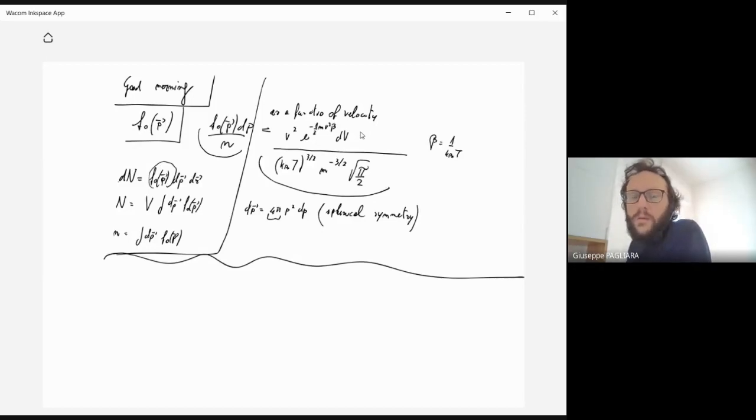The most important thing is to remember the exponential factor, which is very easy to remember, and the fact that I have a v squared dv, which comes from spherical coordinates. All the stuff in the denominator basically provides a sort of normalization, okay?